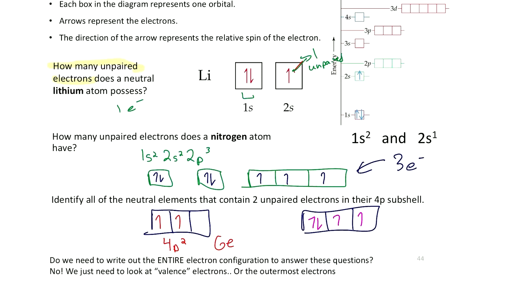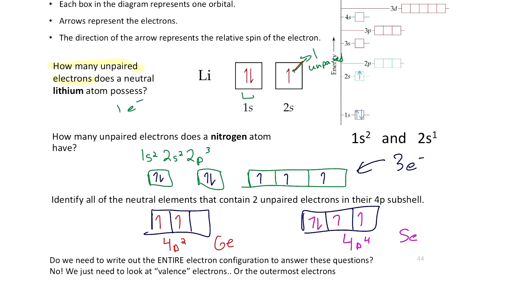Now how many unpaired electrons are here? 2 again. So this also has 2 unpaired electrons, but this is 4p4, 4 electrons in that 4p subshell. So what element is that? 1, 2, 3, 4. Selenium. Yes, it is selenium. So germanium and selenium both have 2 unpaired electrons in their 4p subshell.